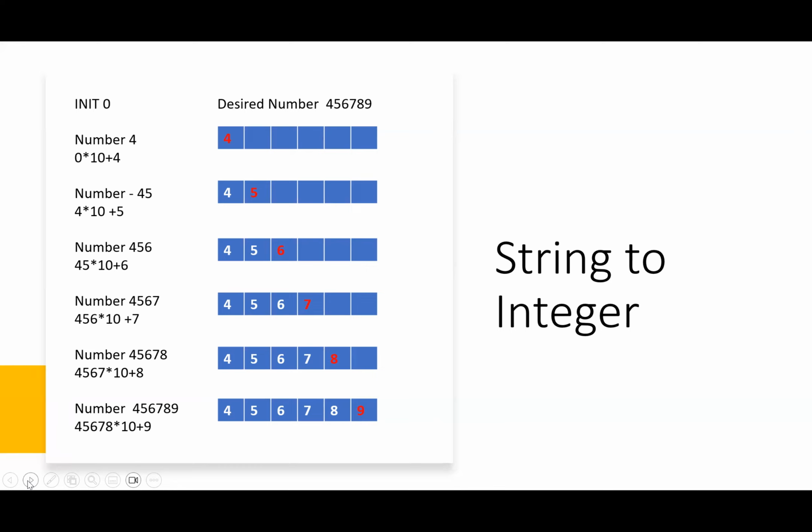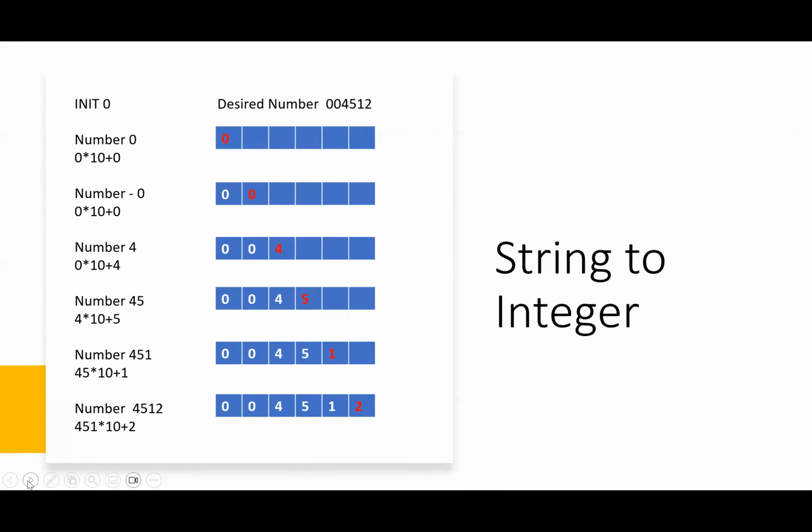This logic will also handle the leading 0 problem. If the initial value is 0 and we multiply it by 10 or any other number, it gives us 0, and if we add a 0 to 0, the value remains 0. So any leading 0 will also be handled by this logic.